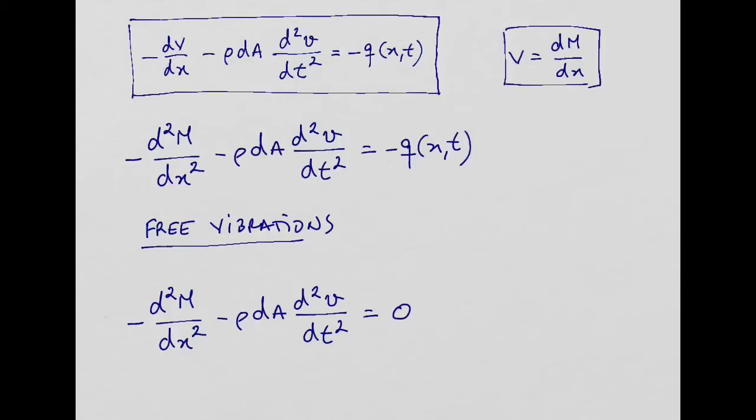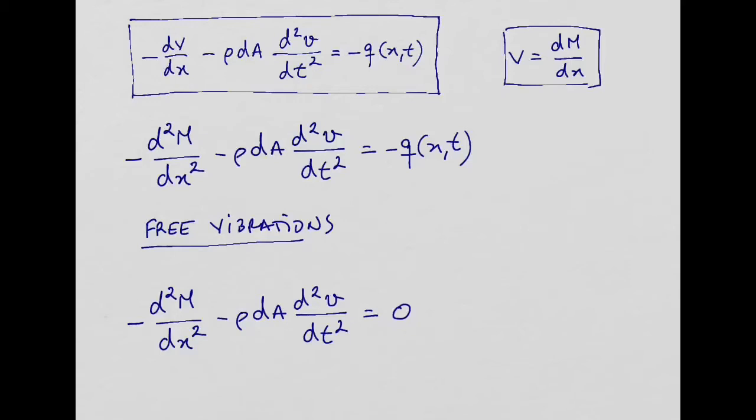When, in 1 or 2 weeks' time, we start doing the flutter analysis, aeroelasticity, we are going to do the full analysis for forced vibration of the wing, basically, right?